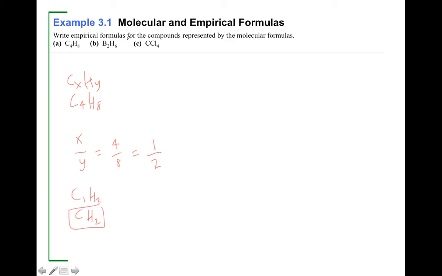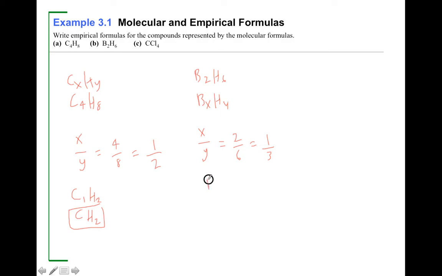Okay, let's do the empirical formula for borane, B2H6. I'm going to write this as BxHy, x over y, right? I'm choosing the smaller one to go on top. It's 2 and 6. Can you see what this reduces to? 1/3.